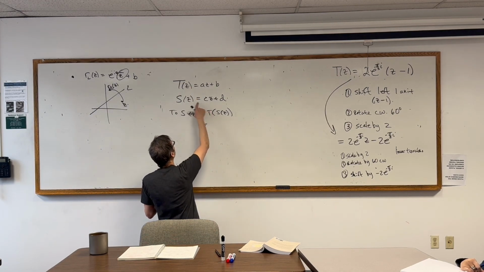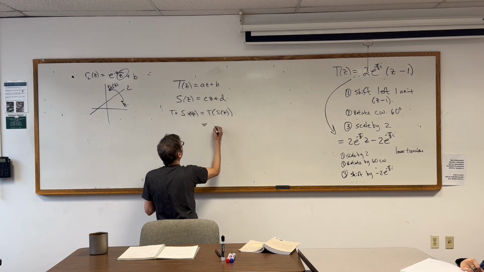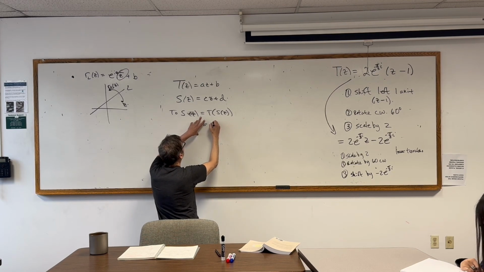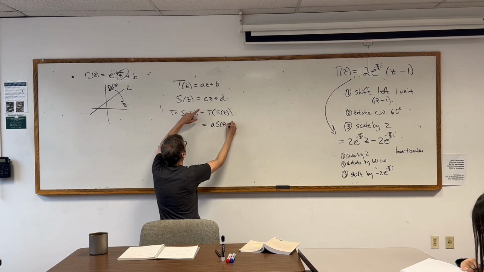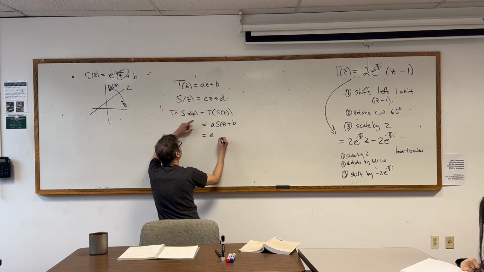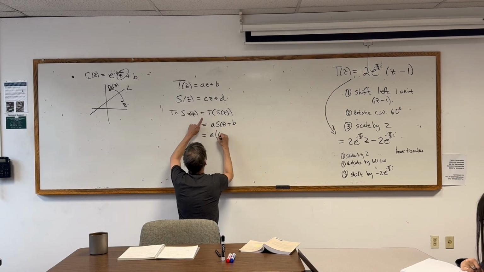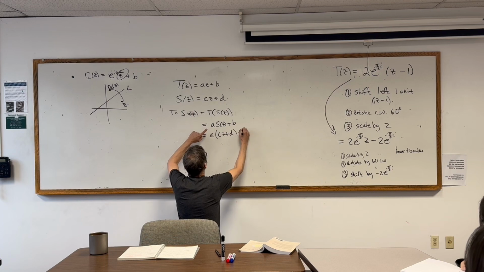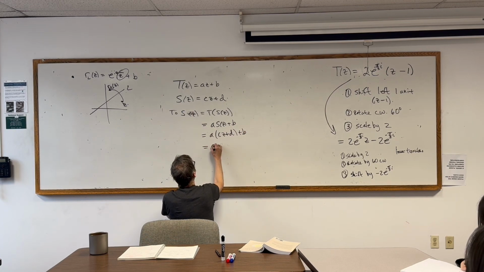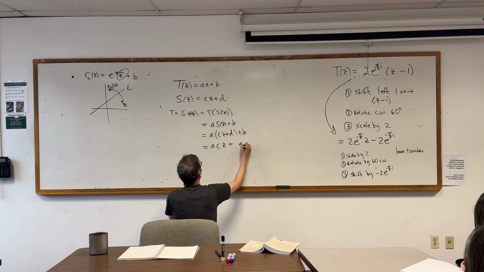So let's just do that really quick. This just turns into another transformation. And there's a good reason to understand this. So this is going to be A, S of z plus B, and then this is going to be that formula there, plus B. And so when I work it all through, I've got AC z plus, and then I've got a new constant out at the end.